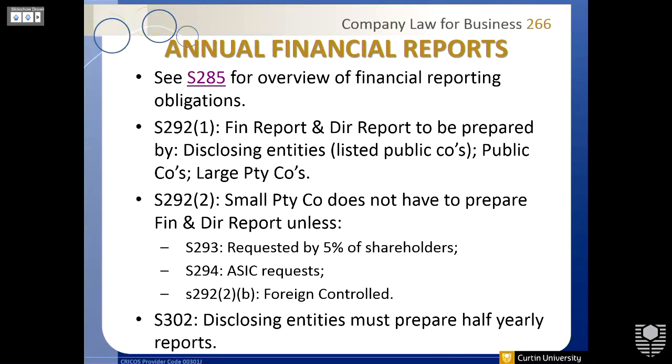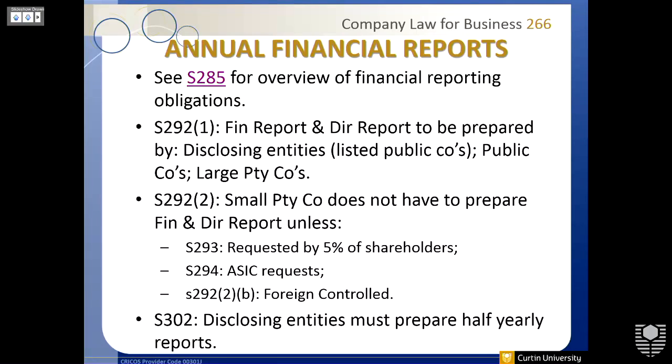And under section 292 sub 2, a small proprietary company does not have to prepare a financial and director's report unless it is directed to do so under section 293 and 294. And under section 292 sub 2 sub B, if it is foreign controlled, then it is required to do so. Otherwise, it is not required to prepare any financial report and director's report.